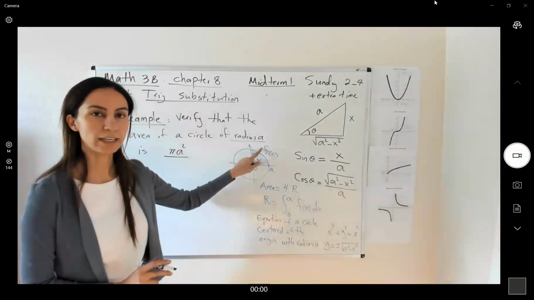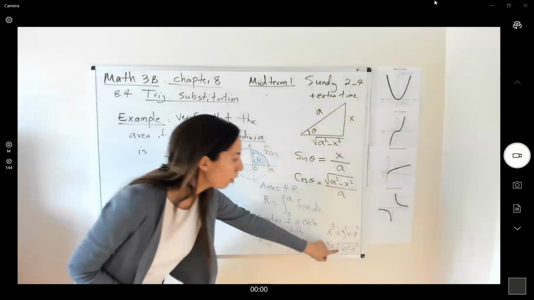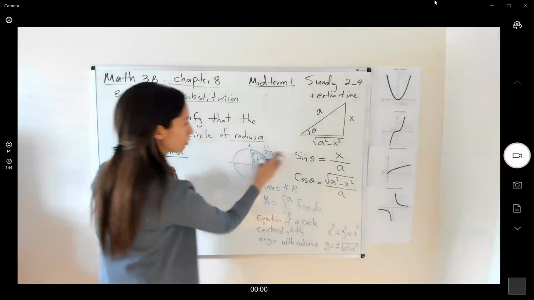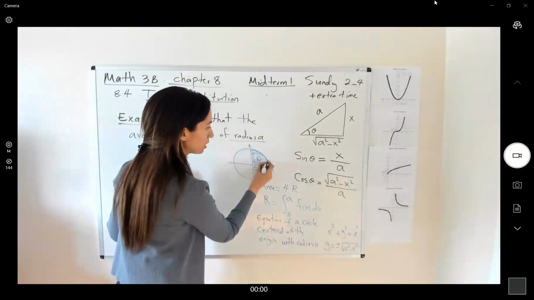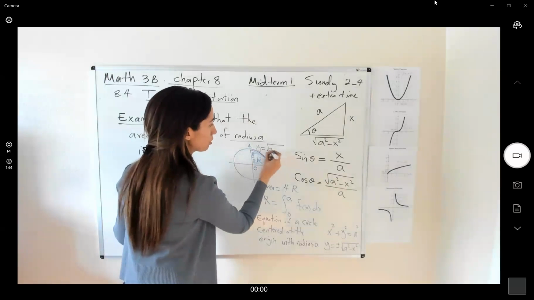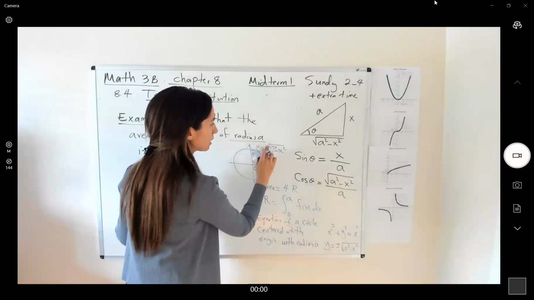So your f of x is the positive square root of a squared minus x squared. This function here is y equals the square root of a squared minus x squared.